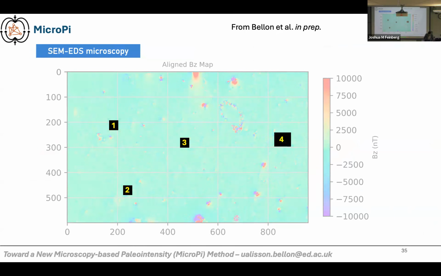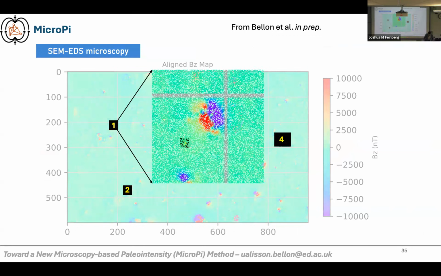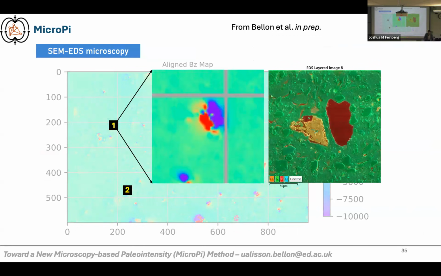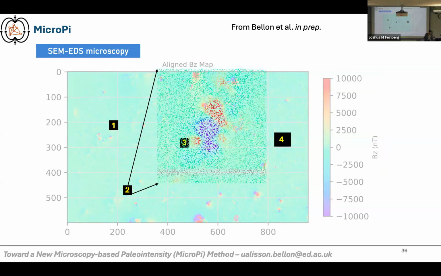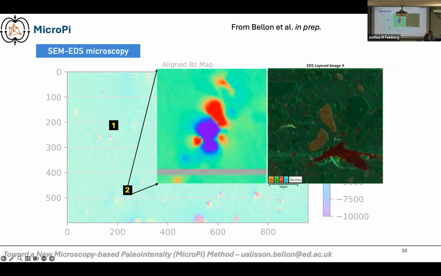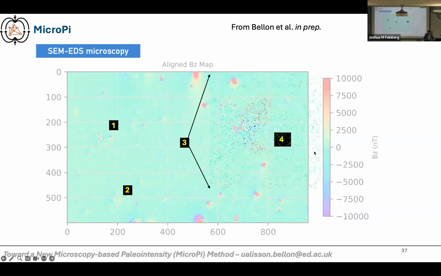And what you can see is that in all of the cases, these are associated with large, most likely multi-domain particles. So this is one example. This is another example. You can see right here, it's colored, you see the iron oxides right here, and then you can see the scale here, which is about 50 microns. So these are pretty big particles.